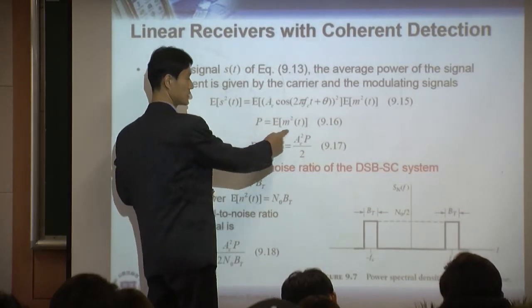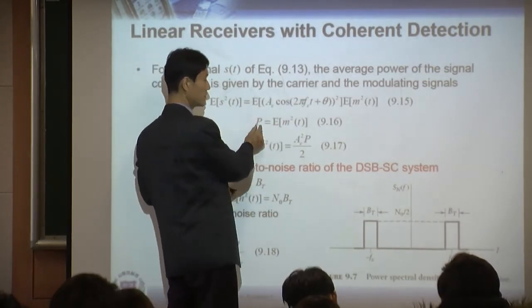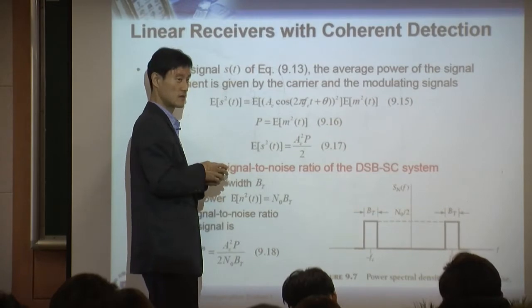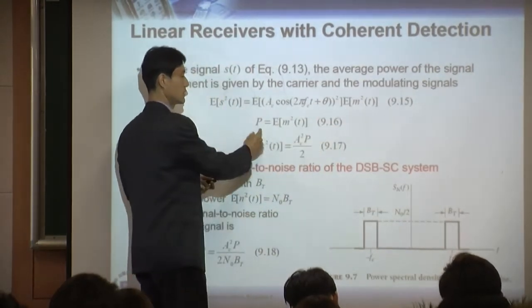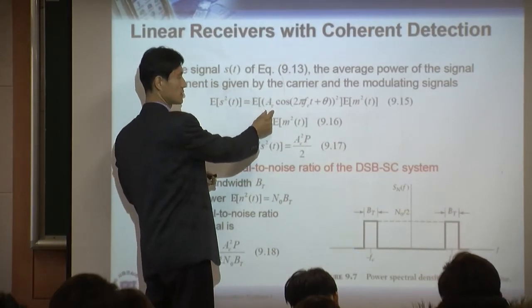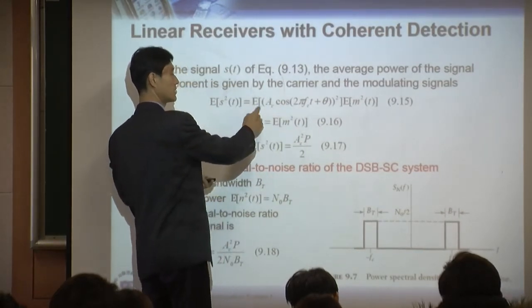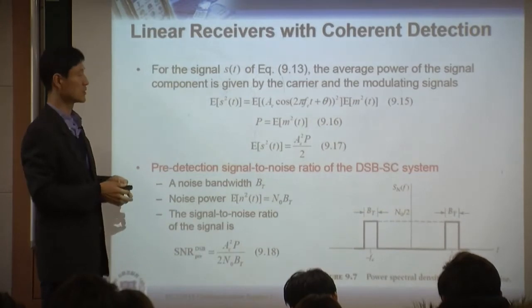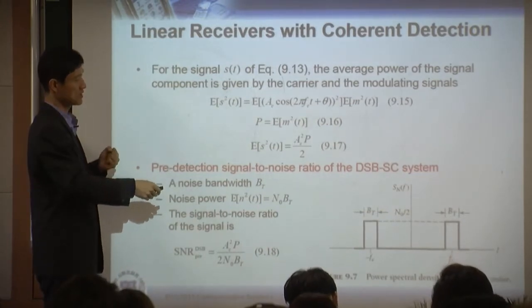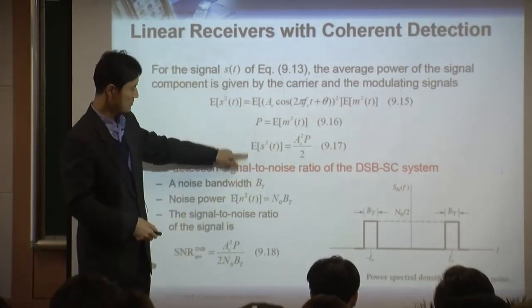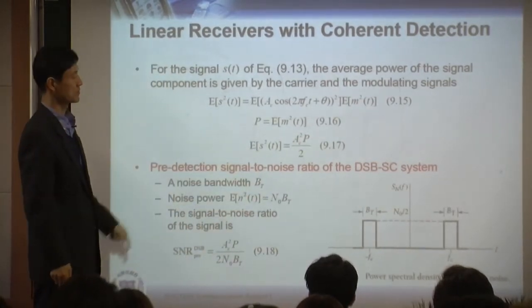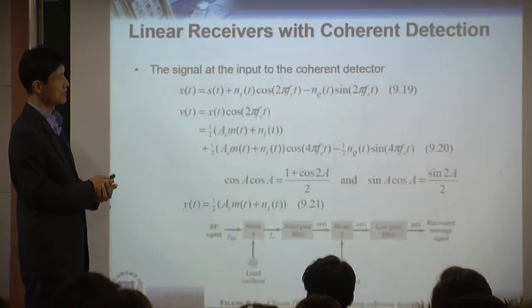So again, P is going to be constant, and Ac squared is a constant. And the expectation of cosine squared, we know that's going to be 1 over 2. So in the DSB case, it's going to be this one, right? And divided by the noise power for pre-detection. So that's how to calculate the pre-detection SNR.